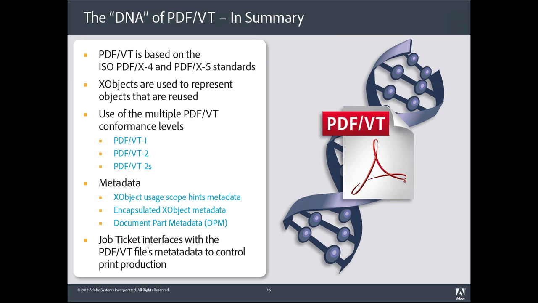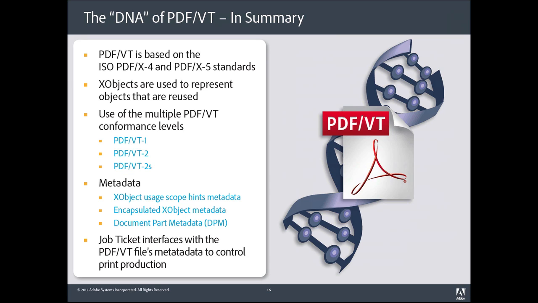Fourth, that we have metadata for three specific purposes that are available. And we'll talk about these individually. One is for the scope of an X object, what the scope is of the use of that X object. We'll talk about something called encapsulated X objects, and also document part metadata to help in the production purposes. And a lot of that Mike Scruton will talk about after the break.